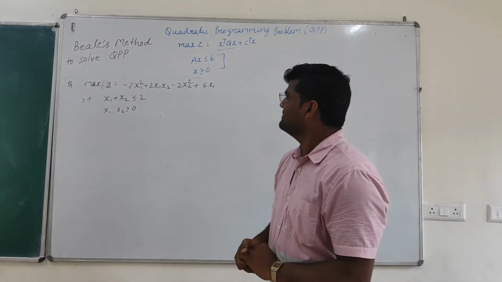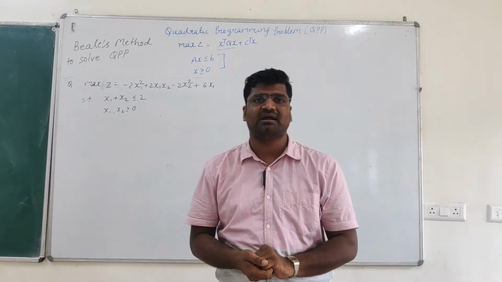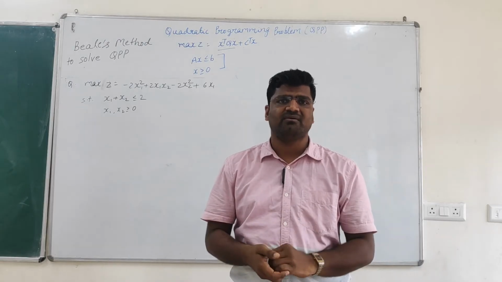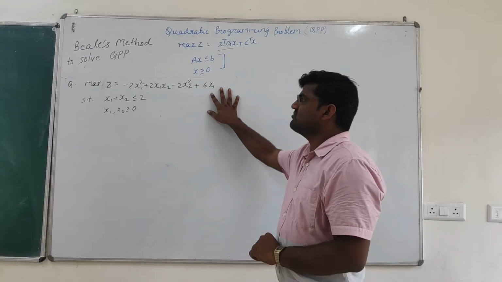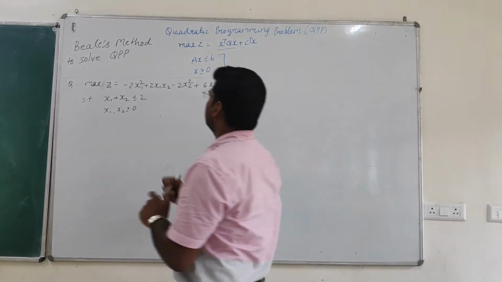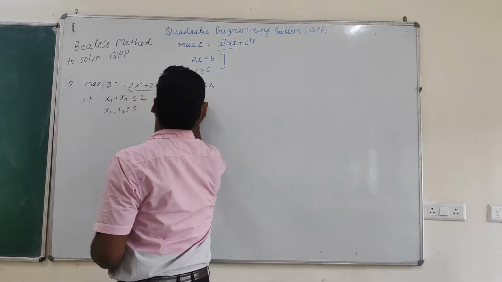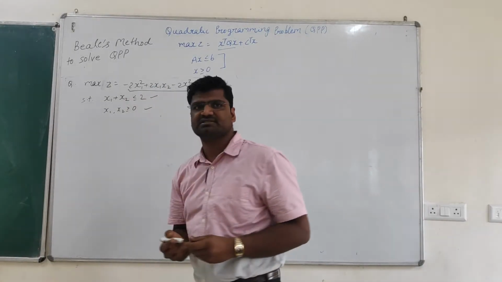So we will directly solve one problem based on Beale's method, and within the problem we will see its algorithm. This is the problem. It is a quadratic programming problem. You can see the first part is a quadratic form, and this part is linear, and all the constraints are linear, and non-negative restrictions are there.